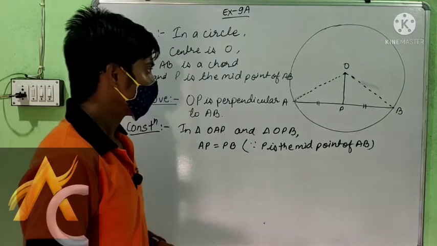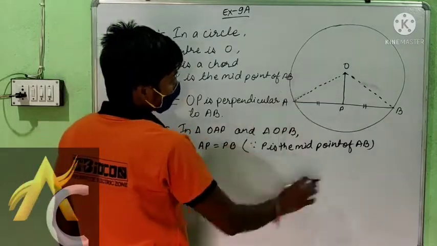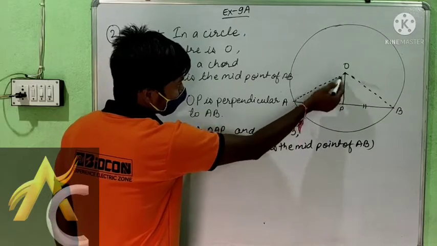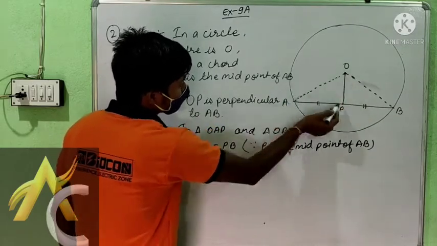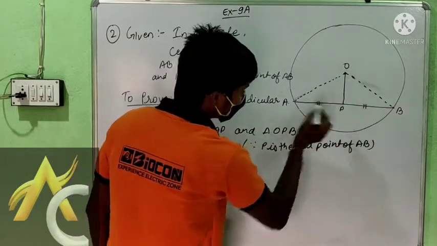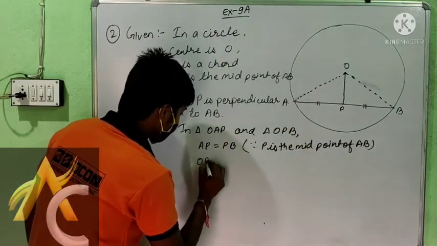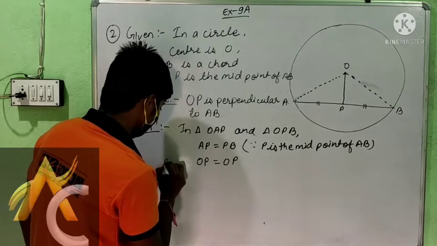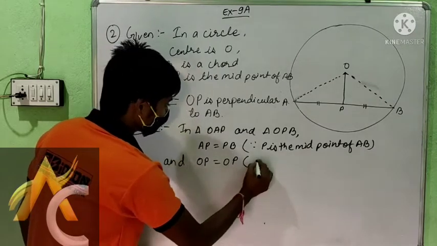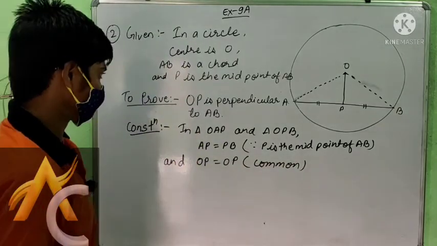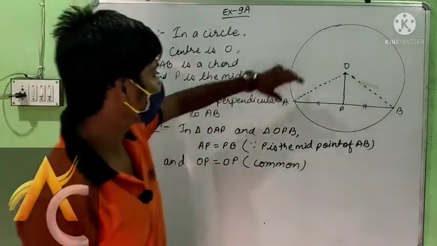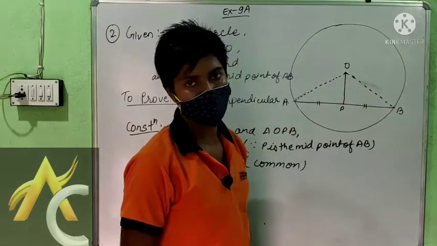Now just look at this figure. OP is common in both triangles. OP lies in triangle OAP as well as in triangle OBP. So we can write OP is equal to OP, common. Now OA is also equal to OB. Why?